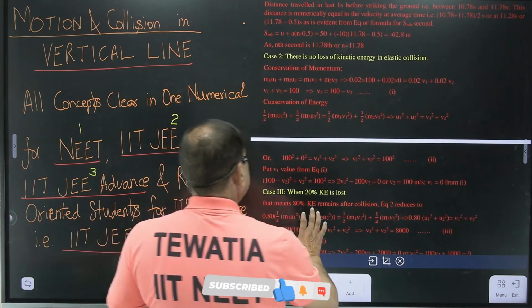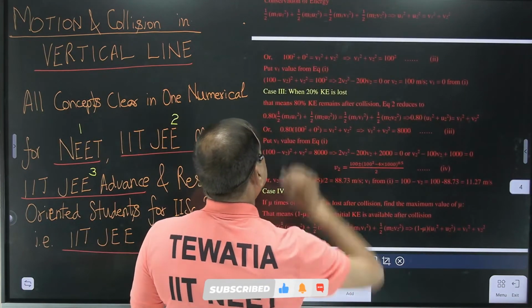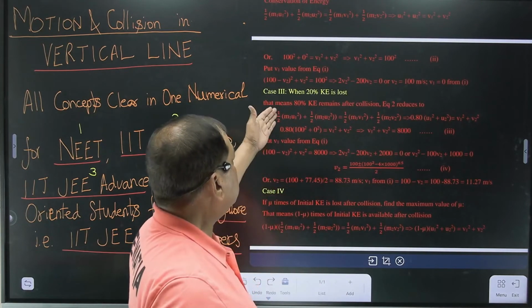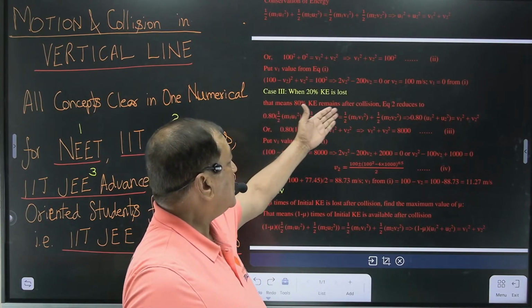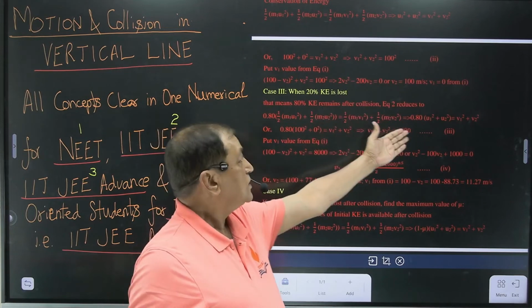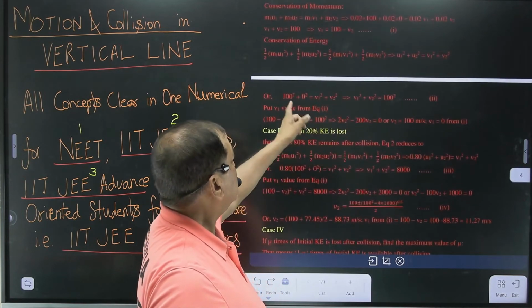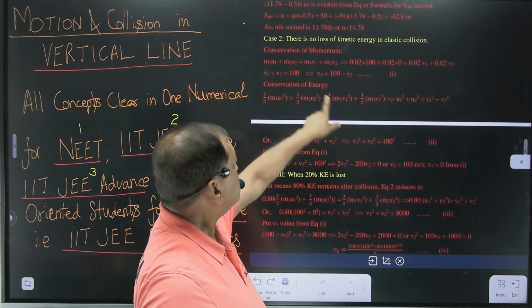Now case 3, when 20% kinetic energy is lost, that means 80% kinetic energy remains after collision. So equation 2 reduces to this equation.